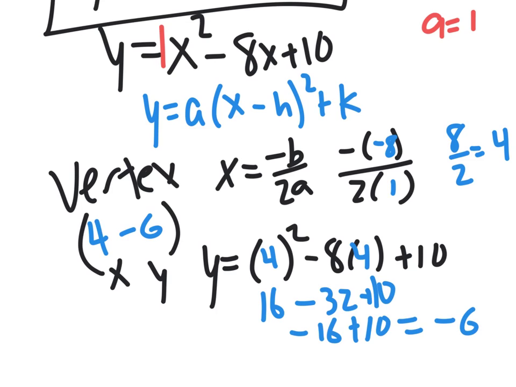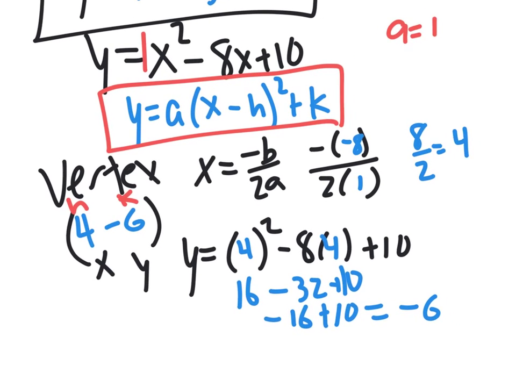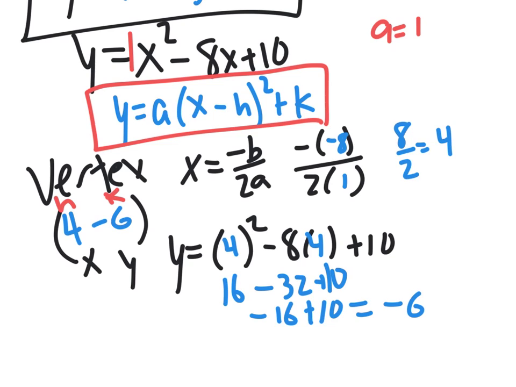So why did I find my vertex? Because I know that when I want it in vertex form, the h and k are really my vertex x and y values. So ladies and gentlemen, knowing the a, the h, and the k, I'm able to plug it all into here and have my vertex form equation. So this is what I want to do. My a is 1, my h is 4, my k is negative 6.